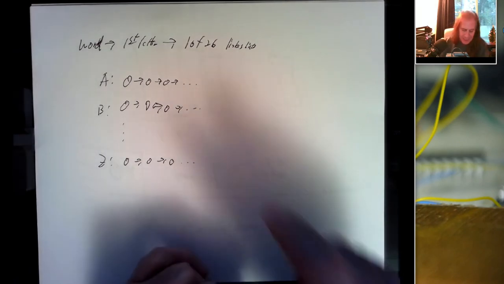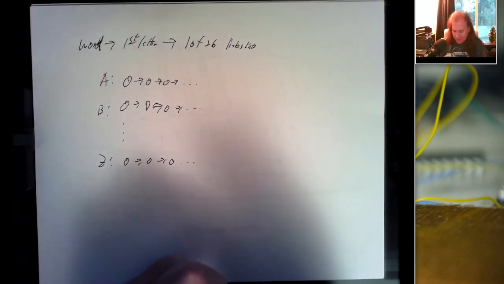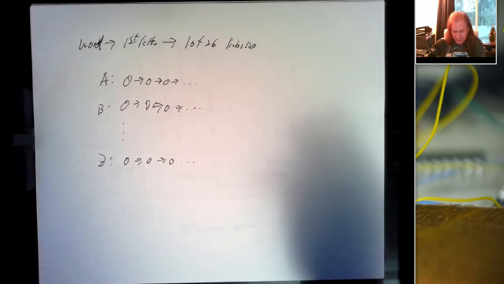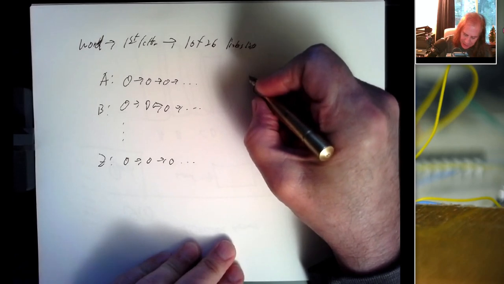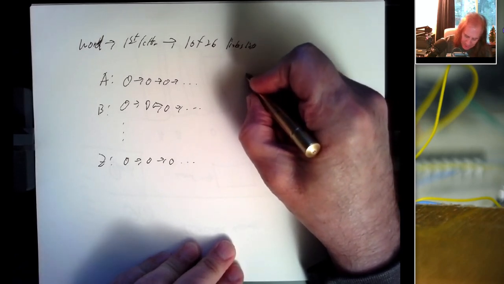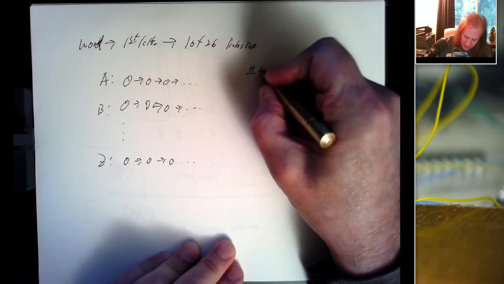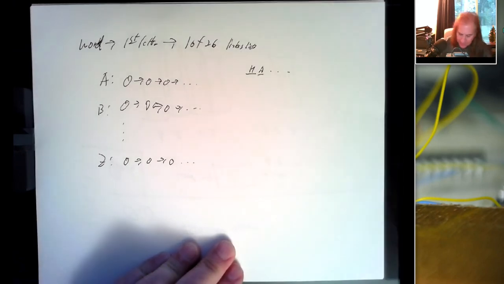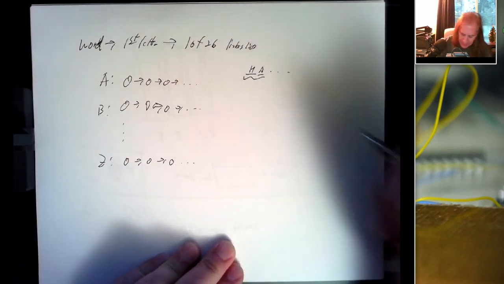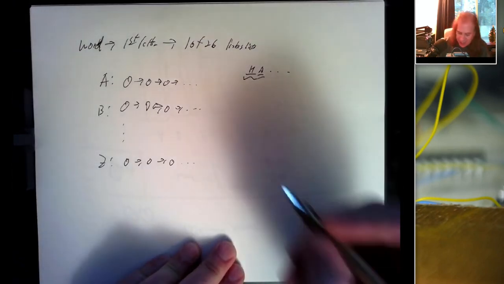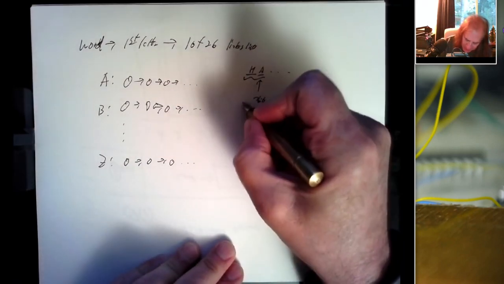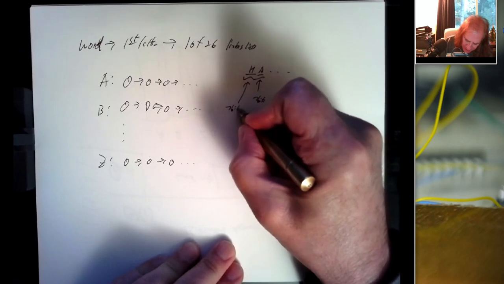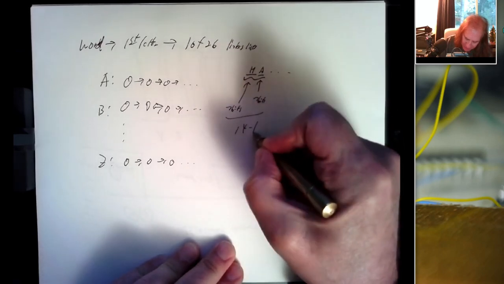Well, how do we do that with words? We could take the ASCII code for the first two letters. So here's a word like HA. And if we use a 7-bit ASCII code, we could take the 7 bits associated with this and the 7 bits associated with this and get a 14-bit number.